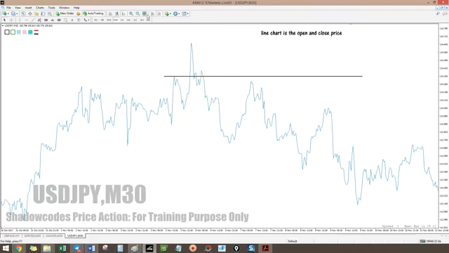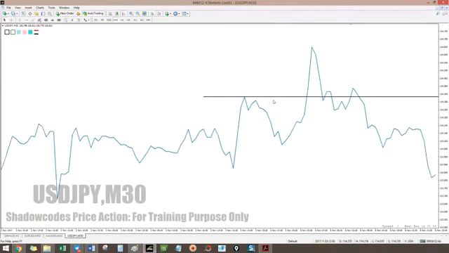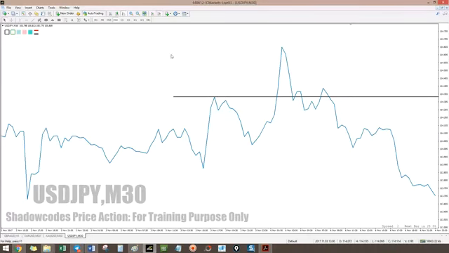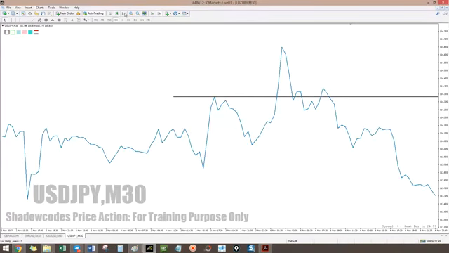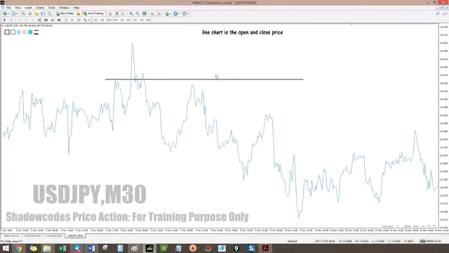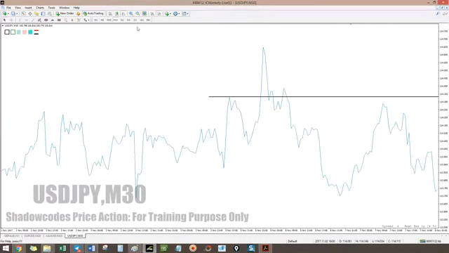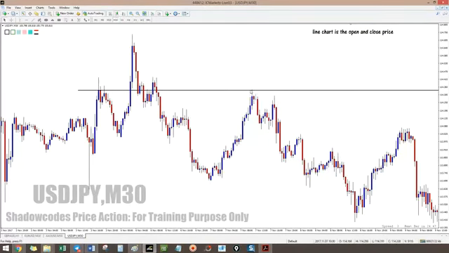Let's zoom in. Over here, if we take the line chart, remember the SNR topic, chapter 1. This is the open and close price. Let's zoom in a little. When we change to our candlestick, you can get an entry.